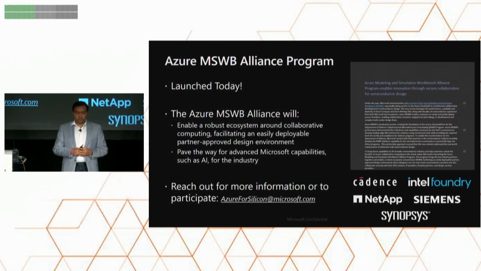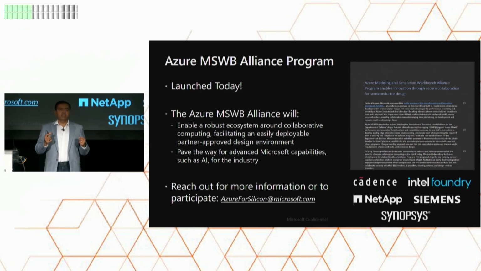We are also launching today our MSWB Alliance program. So this Alliance program really brings together the EDA vendors, the foundries, the IP vendors, as well as the design service providers to create an ecosystem around collaborative design in the cloud.